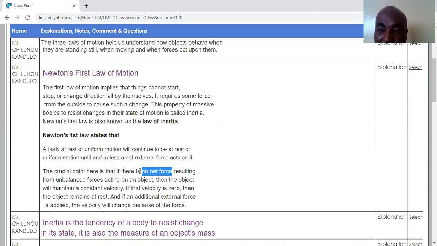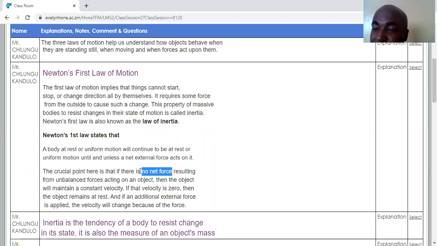So there's a balance there. If the upward force is equal to a downward force, then the body must be resting. Why? Because there's also a balance of forces. So once forces are balanced, then they will either be constant velocity or zero velocity.